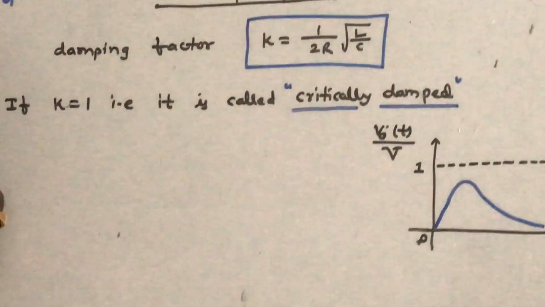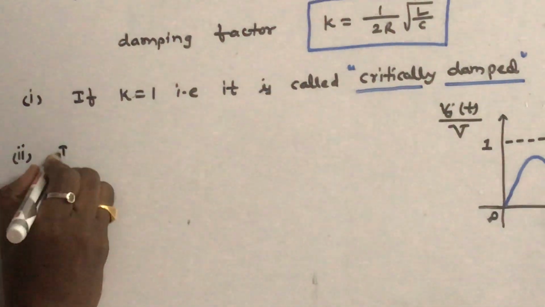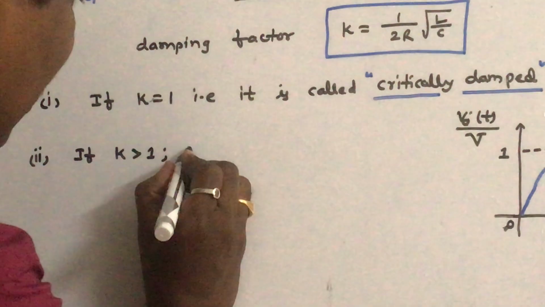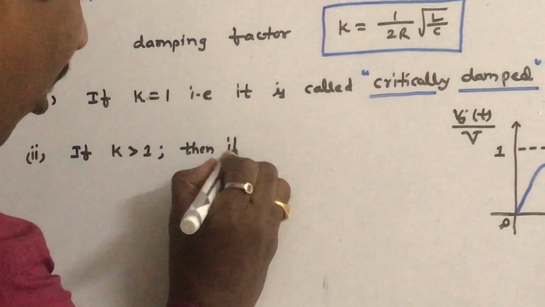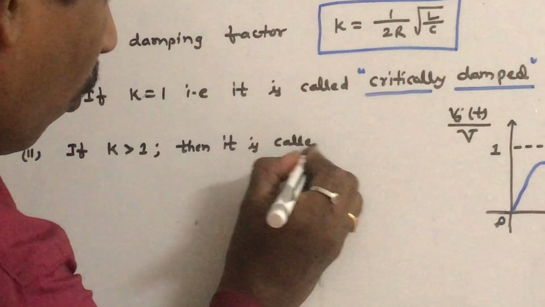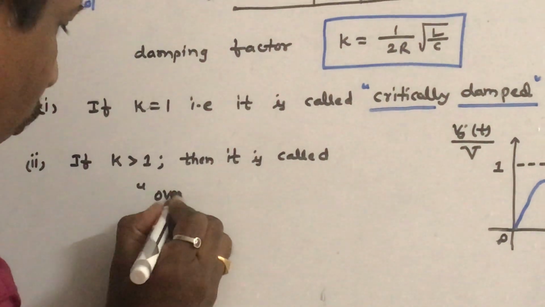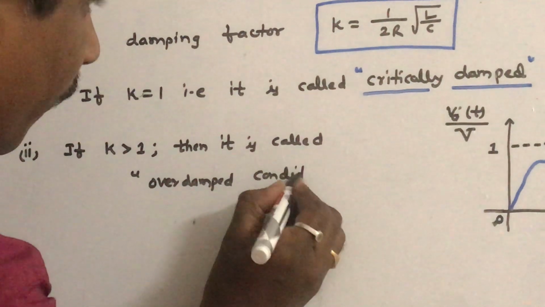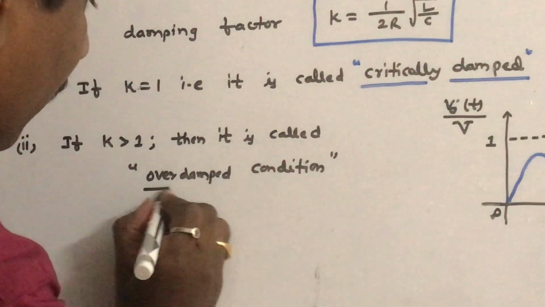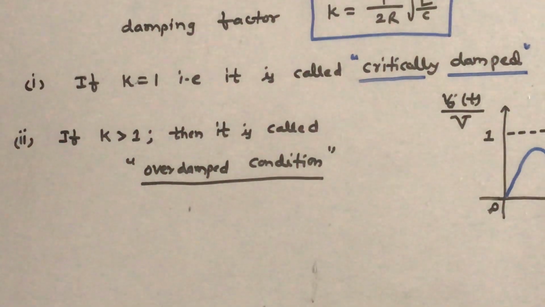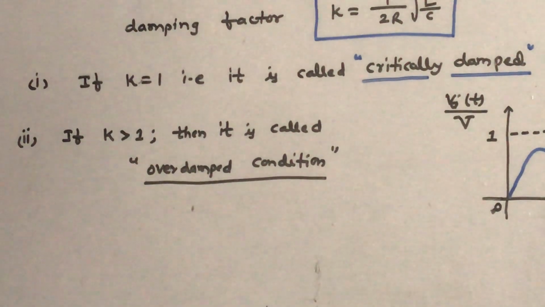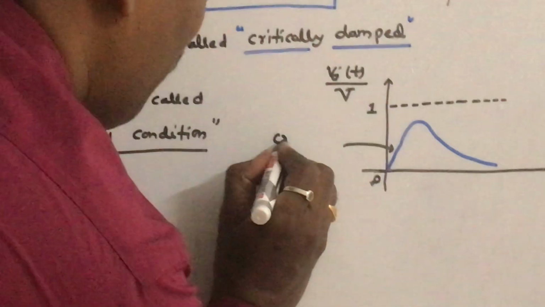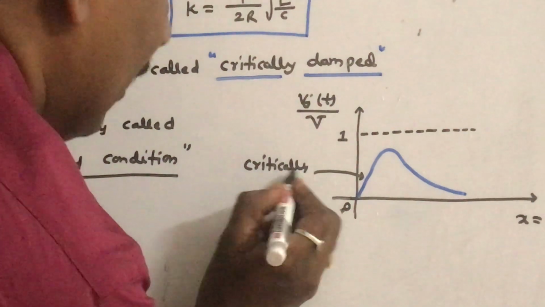Now let us define number 2. If you take R, L and C such that K is greater than 1, then it is called the over damped condition. Remember that this graph is for critically damped.